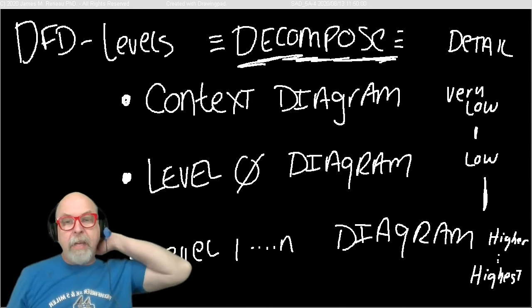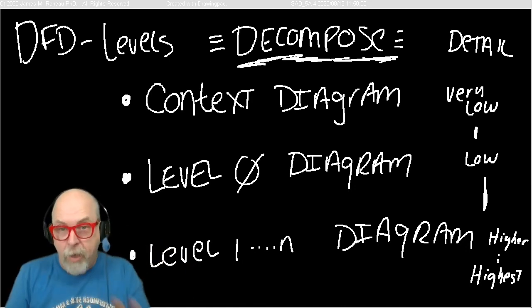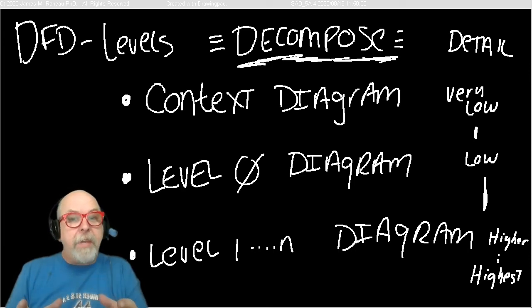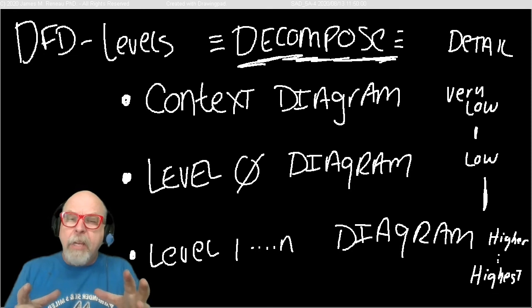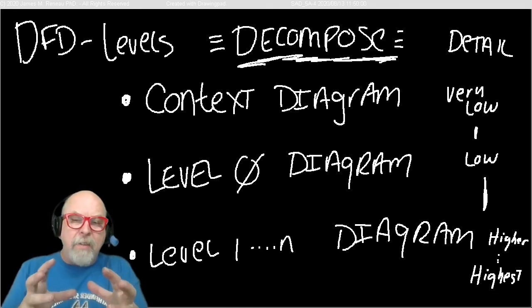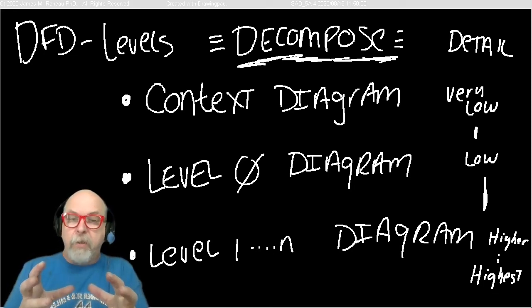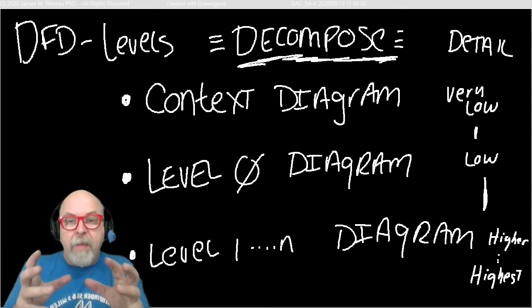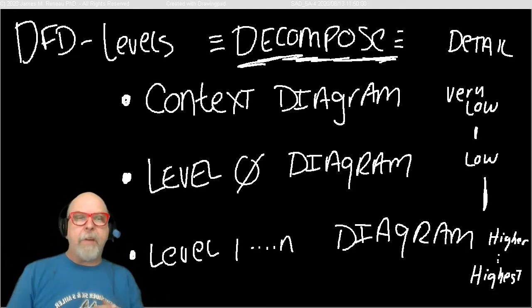By no means is it all encompassing. It doesn't have all the data flows to all the entities. It doesn't have all the entities, but it kind of shows where the system fits in the universe, and what big, important data is flowing in and out of the system.